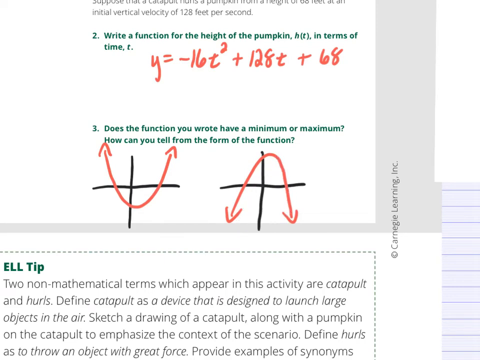So if it opens up, it has a vertex at the bottom, which is a minimum. But if it opens down, its vertex is at the top, which is a maximum. So since this has a negative a value, I know that it's going to open down, so therefore I know it has a vertex at the top, so it's going to have a maximum point.